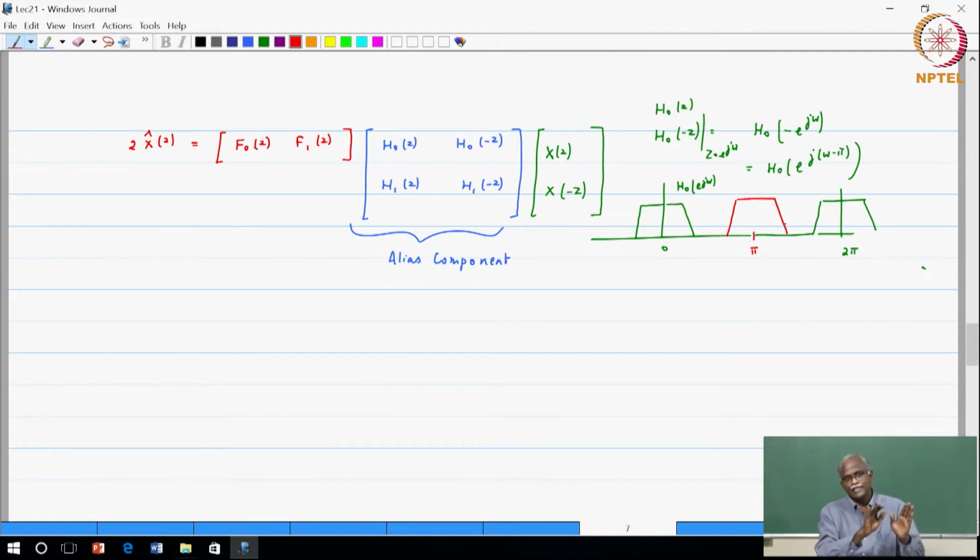So if H0 is a low pass filter, H0 of minus z will be a high pass filter. Whether the two of these filters overlap depends on the bandwidth. So if you had chosen your original filter to have bandwidth which is beyond pi, let us say you chose 2 pi by 3, so this is pi by 3 and this is pi, which means that the filters will have a significant amount of overlap.